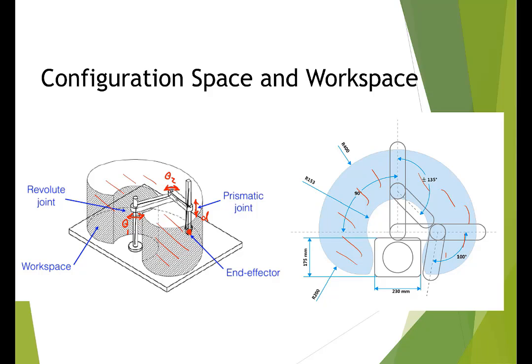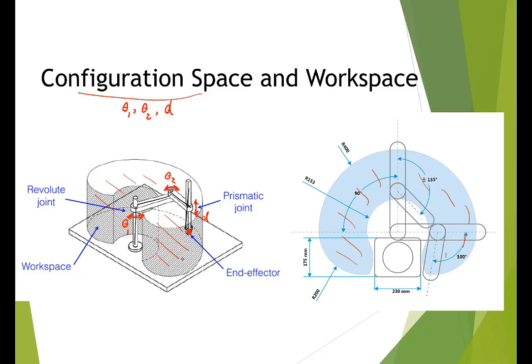And the configuration space is the space containing all possible joint inputs. For instance, for this robot, we have three joint variables: two rotations for these two joints and one displacement. This will form our configuration space, and it has a dimension of 3. It has 3 parameters.